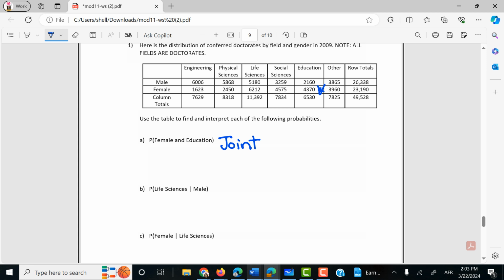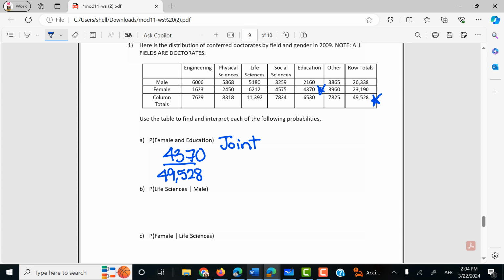The way we find the probability is we put it over the total of 49,528 doctorates that were in this study. So 49,528 goes in our denominator, and 4,370 goes in the numerator.